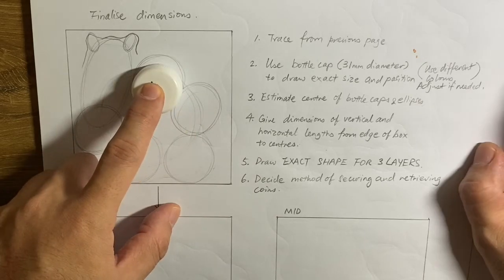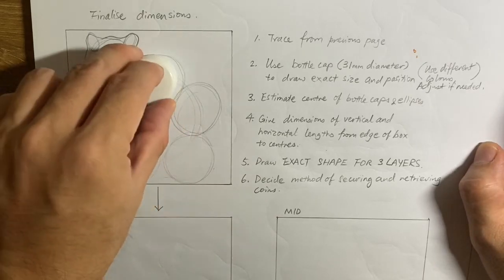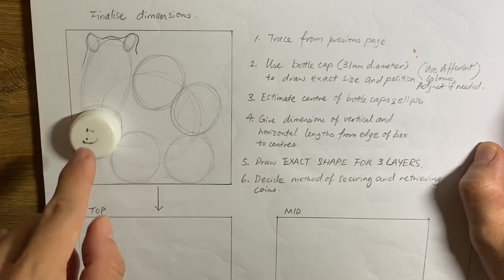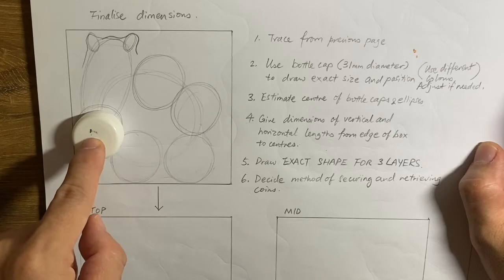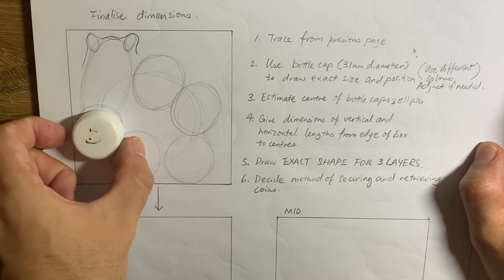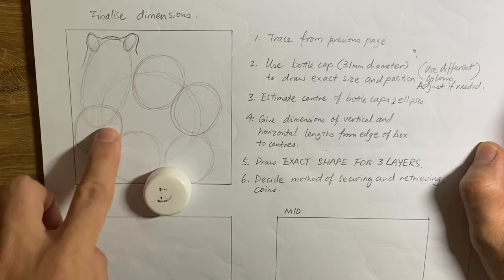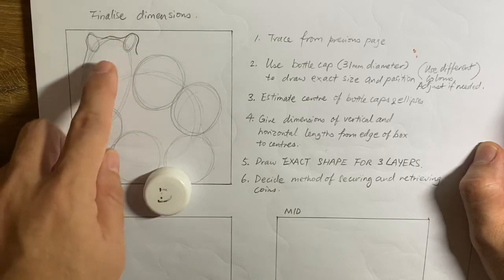Once I do that, I can determine the location of the center of the circle and define the size of each of these positions. Similarly, I'm going to do that for the ellipse, even for this small ellipse.